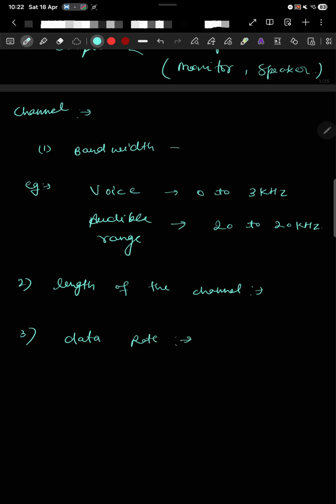This tells us how fast information is being transmitted. This is an overview of the channel, and these are the factors that affect the channel, which are bandwidth, length of the channel, and data rate.